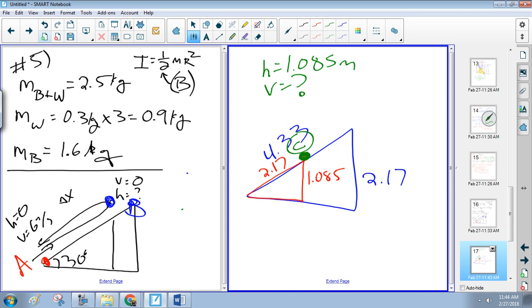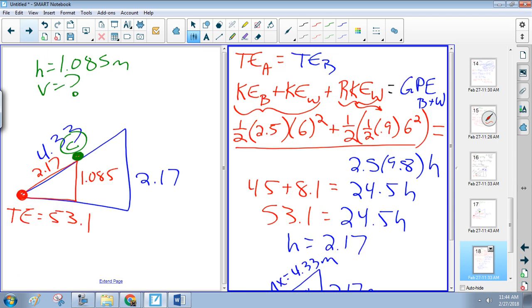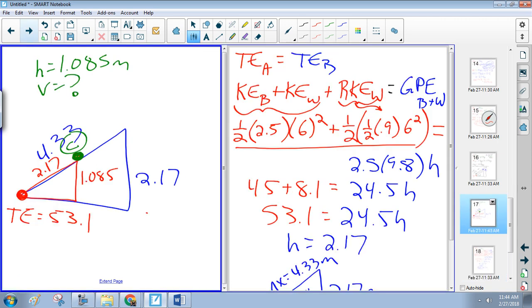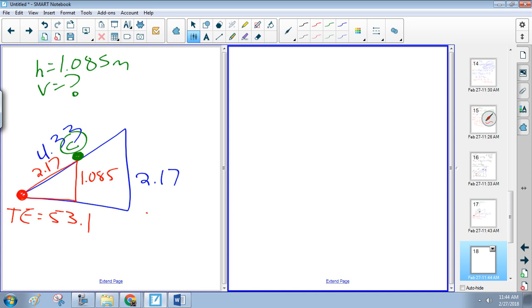Now notice, I've already found the total energy at point A. Total energy there was 53.1. So the total energy at point A is equal to the total energy at point C. So 53.1 joules is the total energy at A.